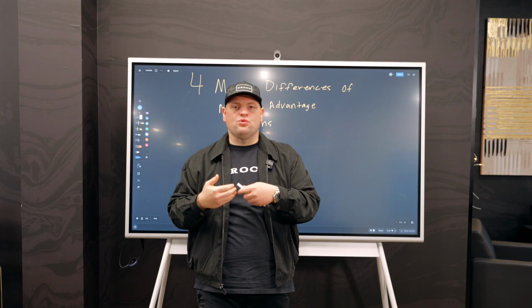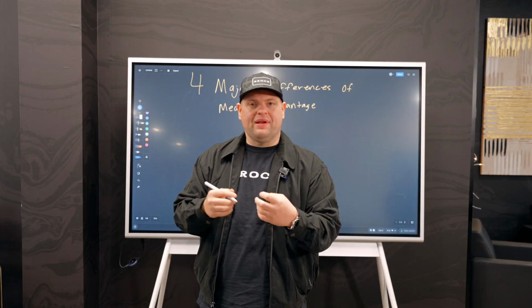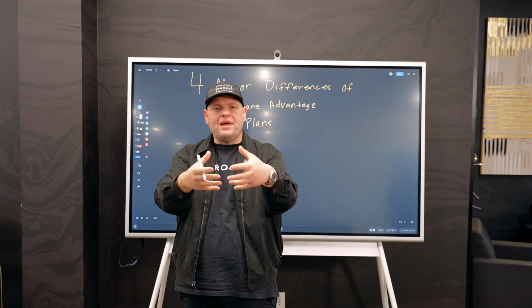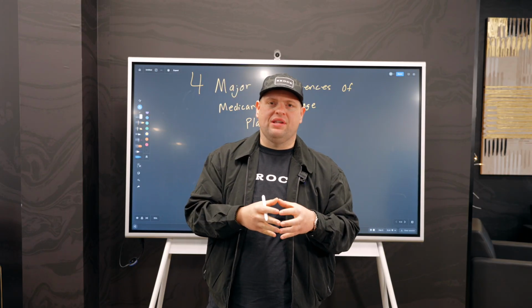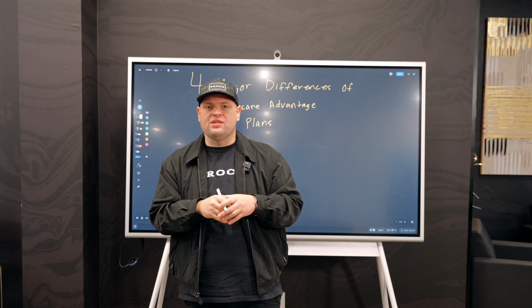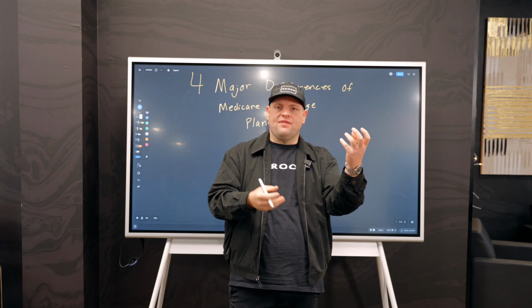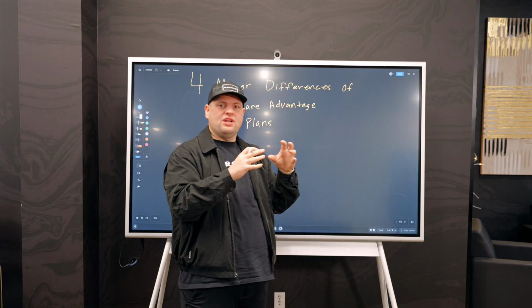This is Medicare Advantage, which is Part C. This is a replacement plan of Original Medicare. So when you enroll into a Medicare Advantage plan, this is now becoming your primary insurance, and it's going to operate through a private carrier. That is the major difference between Medicare Advantage and Original Medicare.